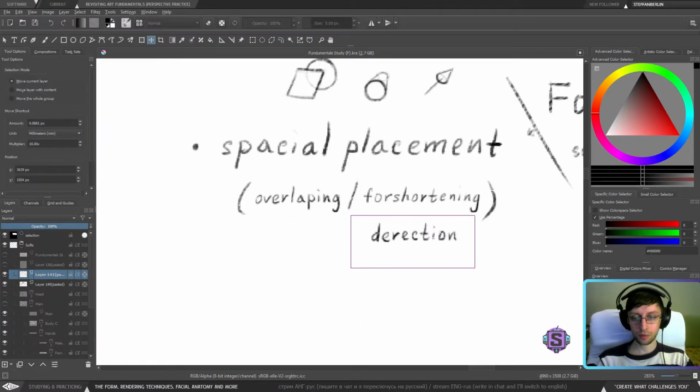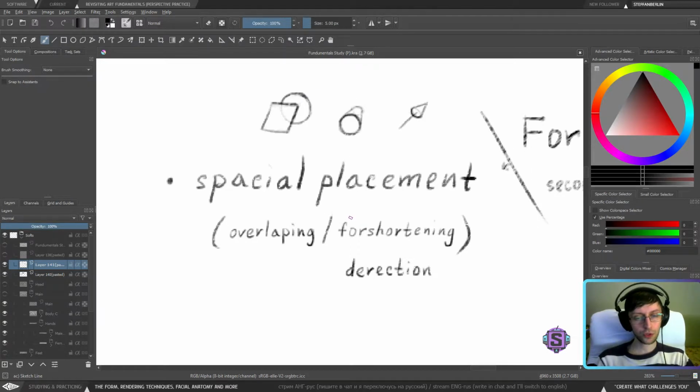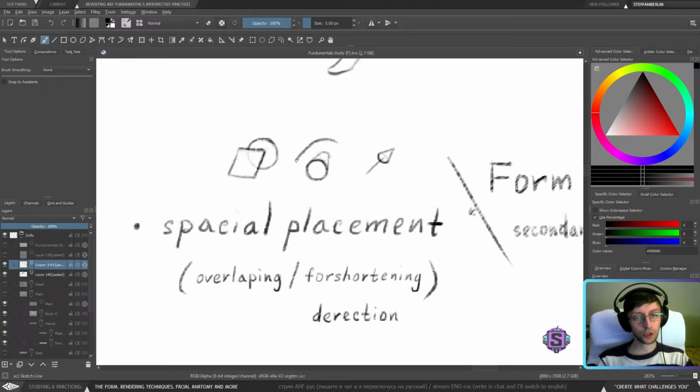So overlapping, and foreshortening, which is kind of the same. Foreshortening is when you integrate perspective by making one part of a subject bigger than the other. When we work with foreshortening, it could be used two ways.